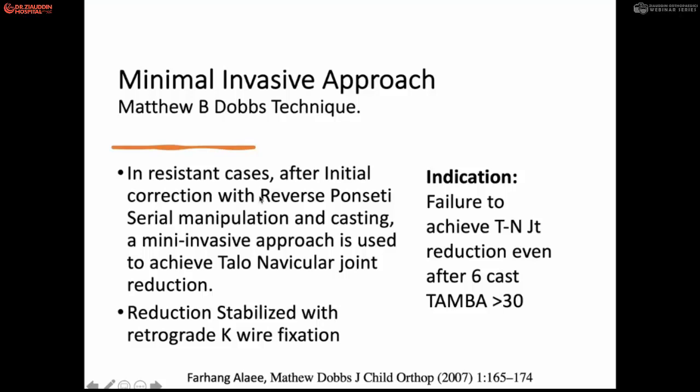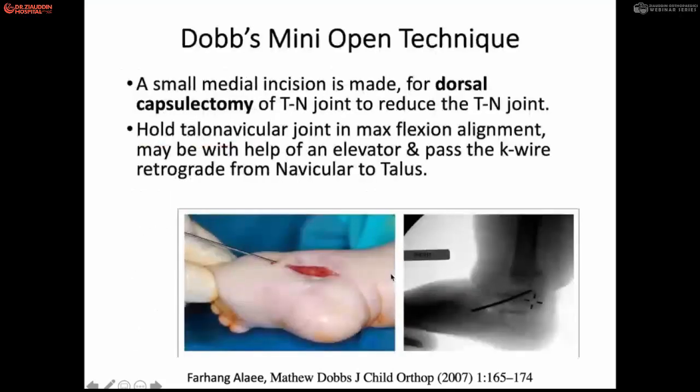In resistant cases, after initial correction with reverse Ponseti manipulation and casting, a mini invasive approach is used to reduce the talonavicular joint, and the reduction is stabilized with a K-wire. The indication is mostly failure to achieve talonavicular joint reduction, in resistant cases when the talar axis is more than 30 degrees. Here it is a mini open technique.